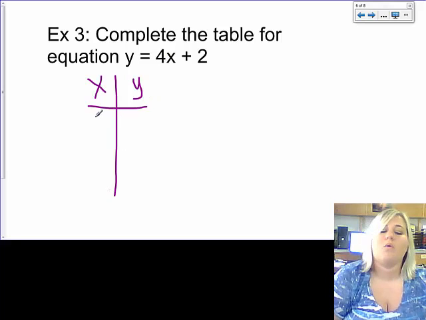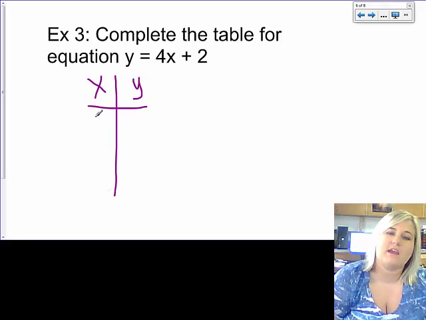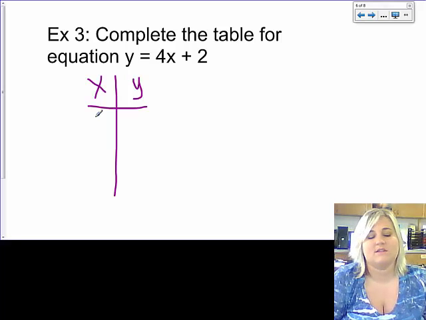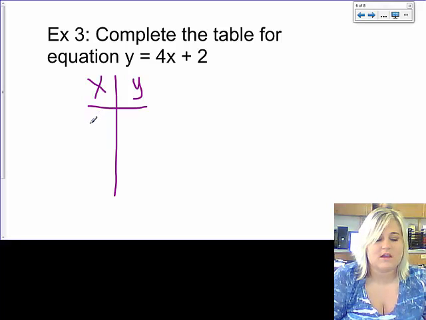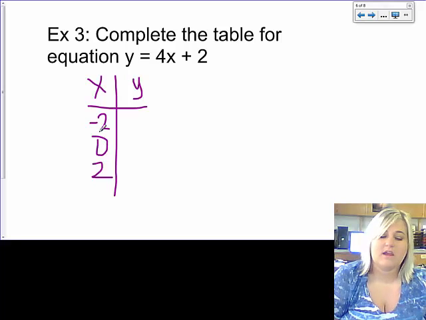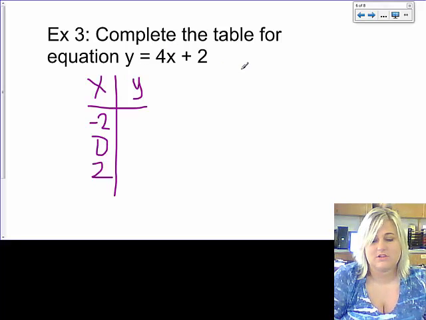Whenever I choose numbers, I always like to choose a negative, 0 and a positive so I can see what happens with negative and positive numbers. So we're going to choose -2, 0, and 2.